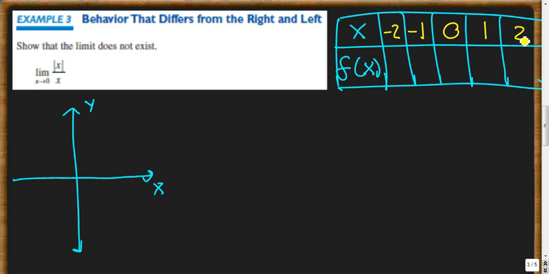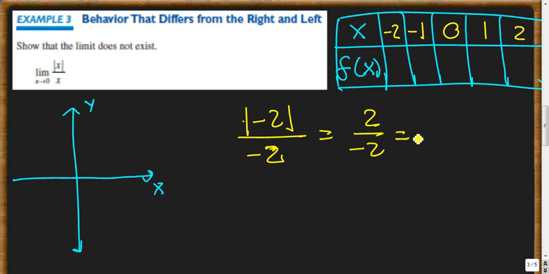If I plug in -2, the absolute value of -2 over -2, that's 2 over -2, which gives me -1.